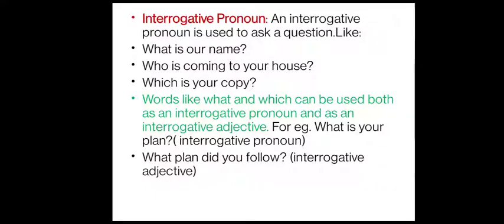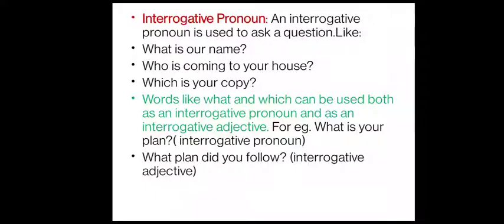Now, in this pronoun, generally WH words are coming. Now, you are very much aware what are WH words. WH words are basically who, whose, whom, which, what, like this. Okay, words like what, which can be used both as interrogative pronoun and an adjective pronoun.